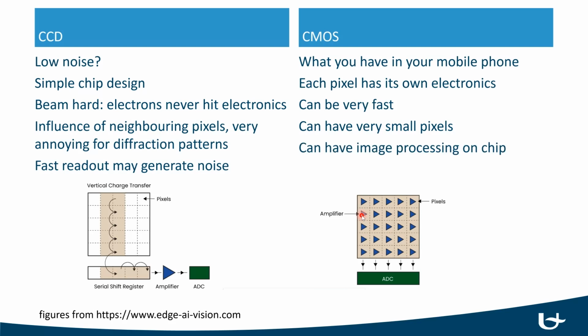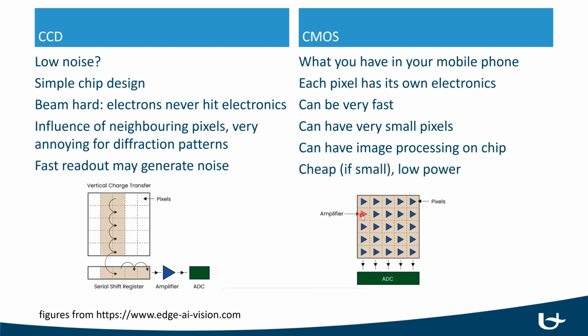Image processing can happen on chip because you have digital technology there anyway, so you might as well not only detect the hits on a pixel, but also have a counter there or do something with the data already. So you can have immediate decision making on whatever happens with your camera on chip.